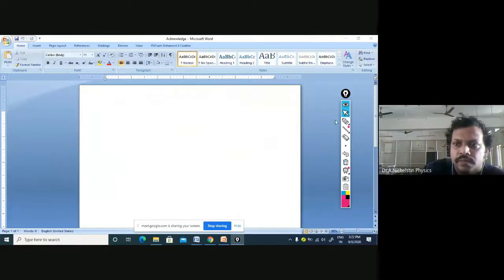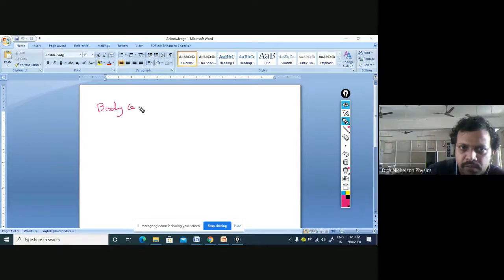Now, body-centered cubic structure. For this also we are going to follow the same procedure. A little bit of difference is there while calculating the atomic radius and the nearest neighbor distance.